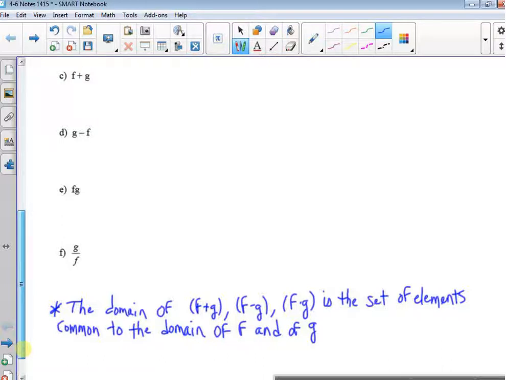Or the domain of f plus g, f minus g, f times g, any one of those, is the intersection of the domain of f and g.